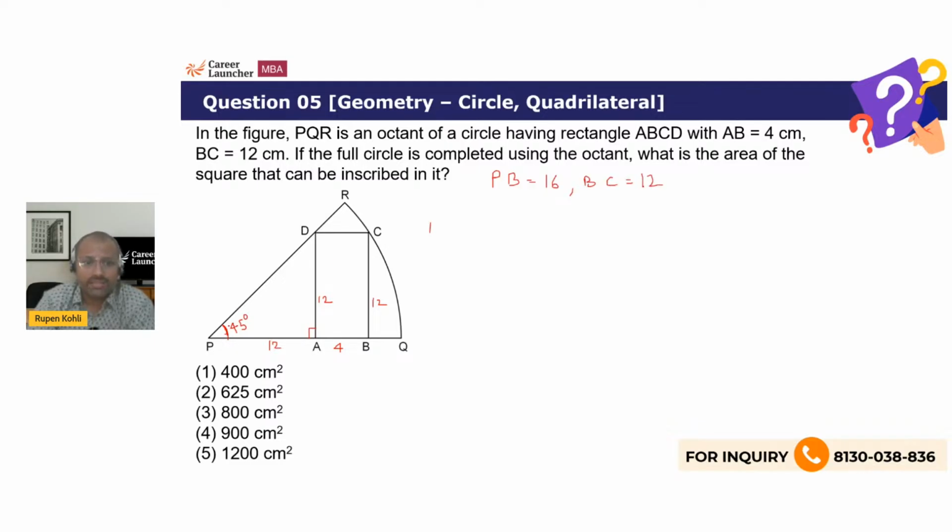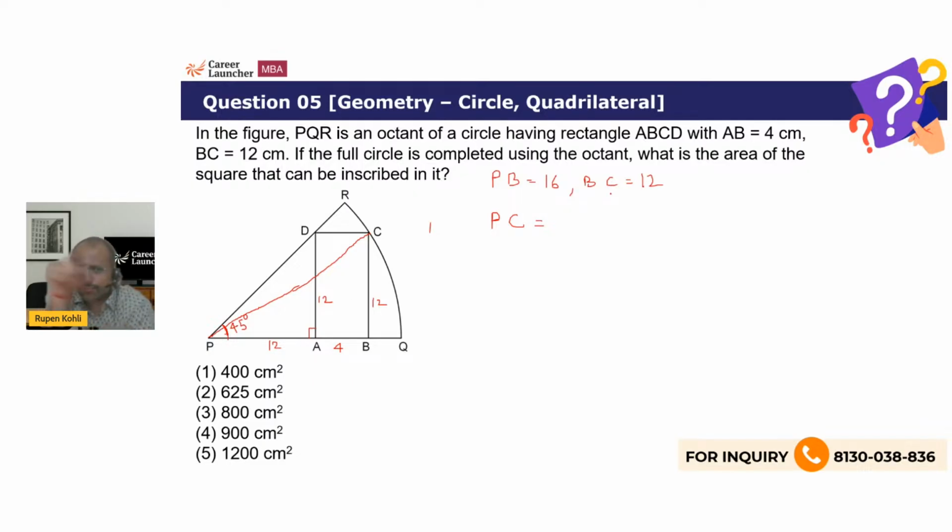Do a small construction, join P to C. Because this PC is the radius of this octant of a circle. Now, in this right angle triangle PBC, the radius PC is the hypotenuse, with 12 and 16 being its sides, which are in the ratio of 3:4.